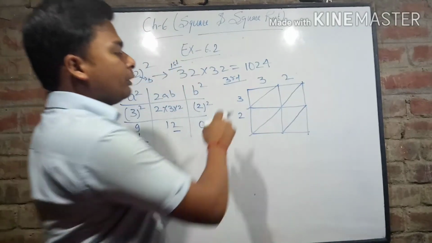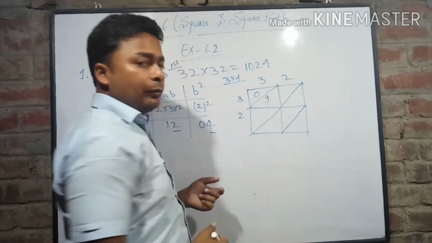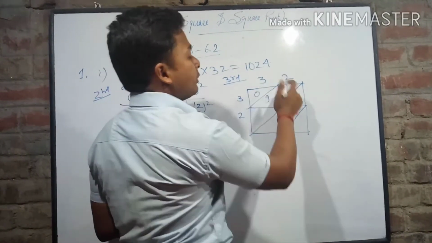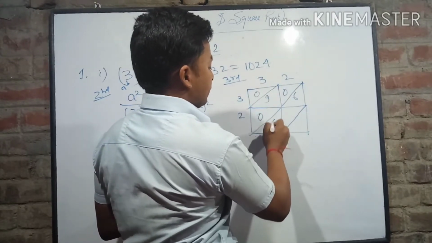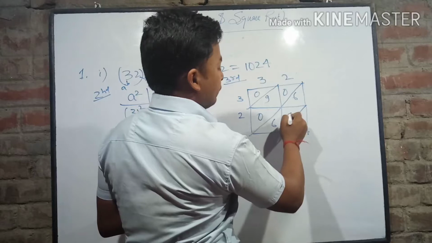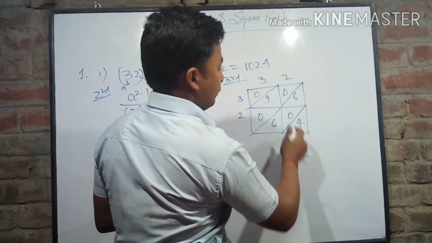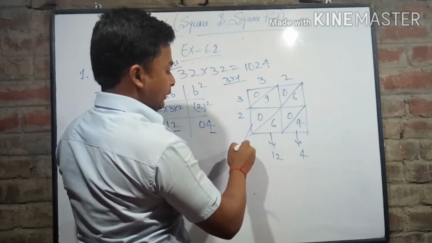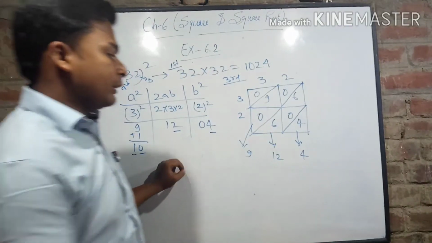Now what is the product of 3 and 3? It is 9. Always we have to take a 2-digit number, so it is 09. 3 into 2 is 06. 3 into 2, 06. 2 into 2 is 04. Finally we will get the sum as 4, 12, 9, and in the last it is 0, so we don't have to write this.